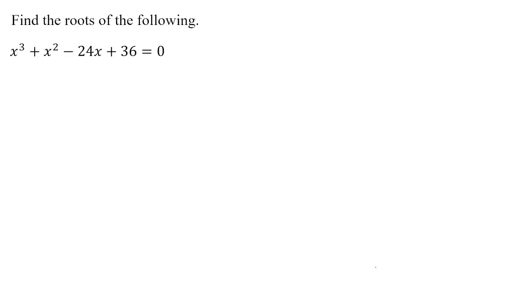So to find out what they are, we're going to list our possible rational roots. a is 1 and c is 36. We're going to list the factors of 36.